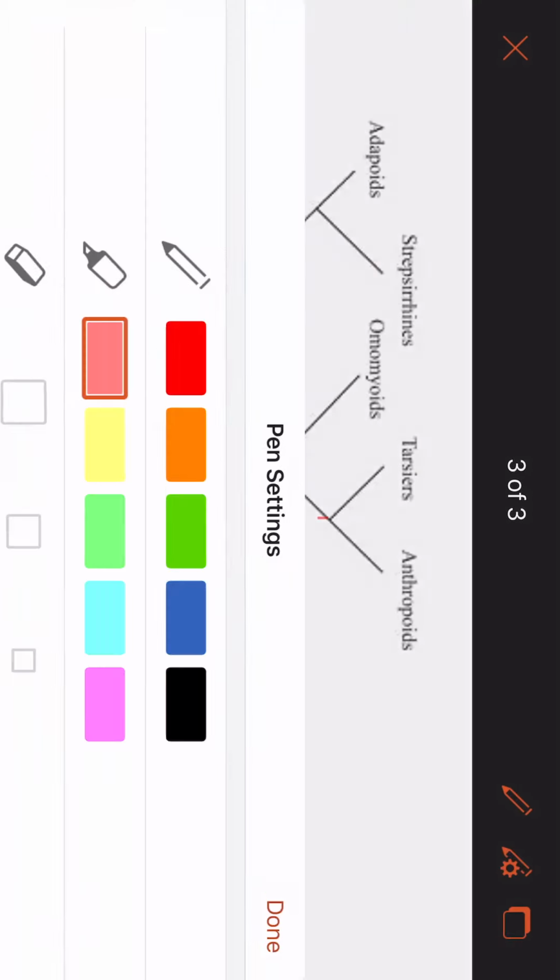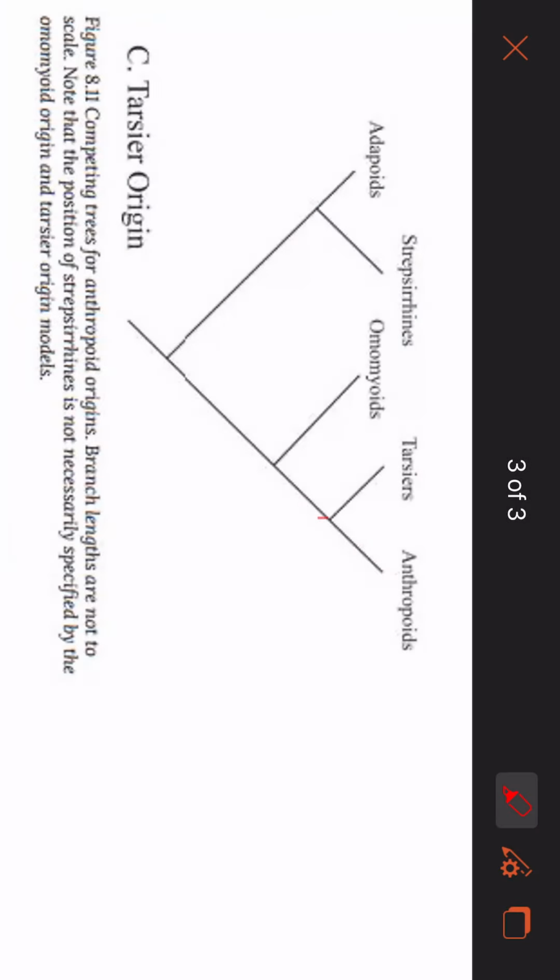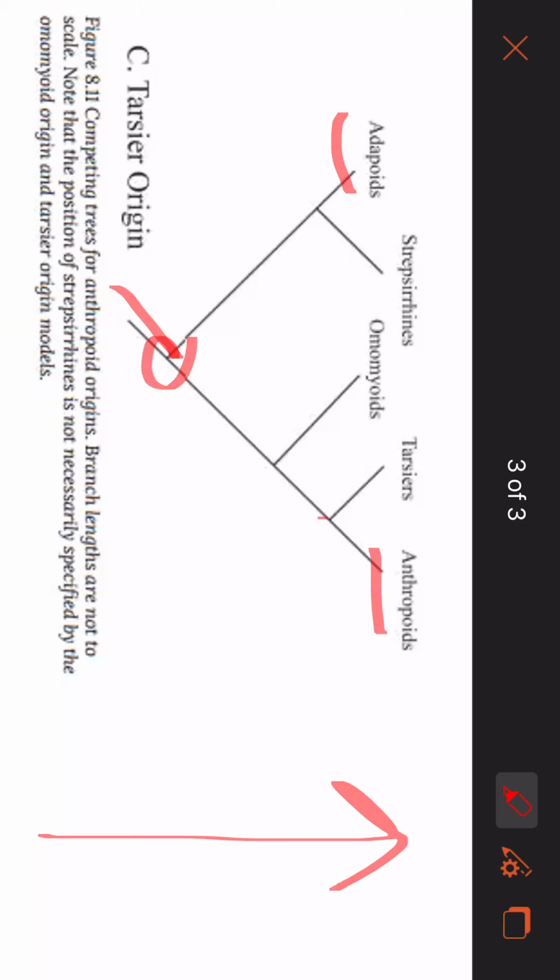The tarsier origin model is different still, and yet again we have time flowing in this direction. With this model, though, we have the adapoids and the anthropoids being much further apart evolutionarily speaking, right? So in this model, the lineage that eventually led to adapoids diverged first.